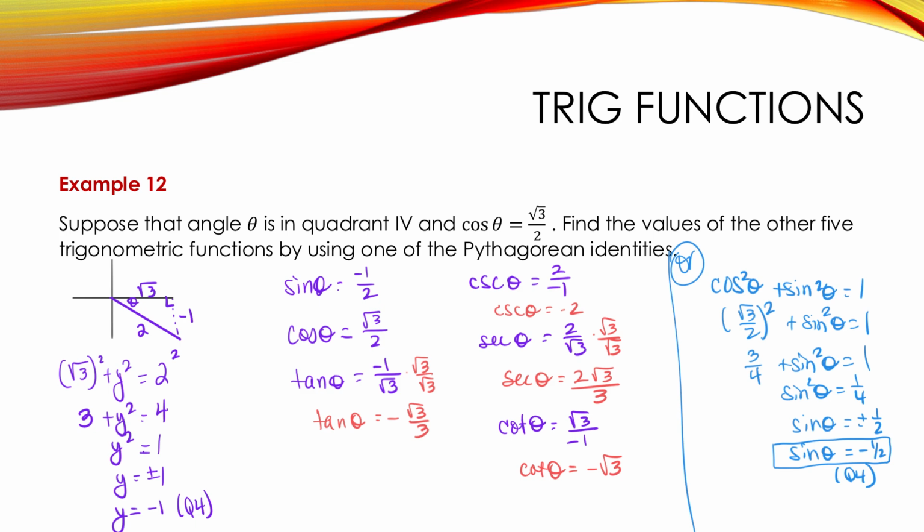So we know cosine, we know sine, so we can find secant and cosecant. Not a problem. And then for this one, you'd want to do tangent is equal to sine over cosine. Okay, and then you could do cotangent is cosine over sine. Those are one of the other sets of identities we saw earlier. But I stick with the triangles because to me it's faster. Do what works for you.